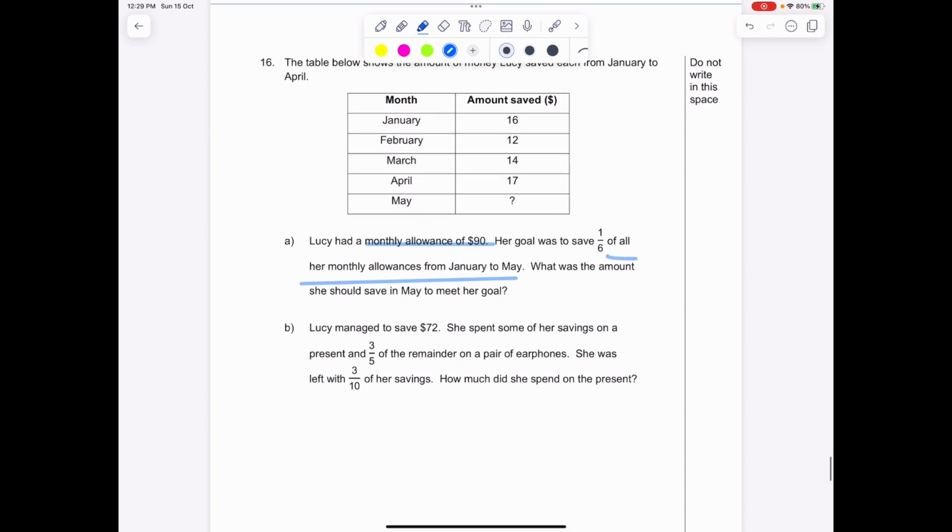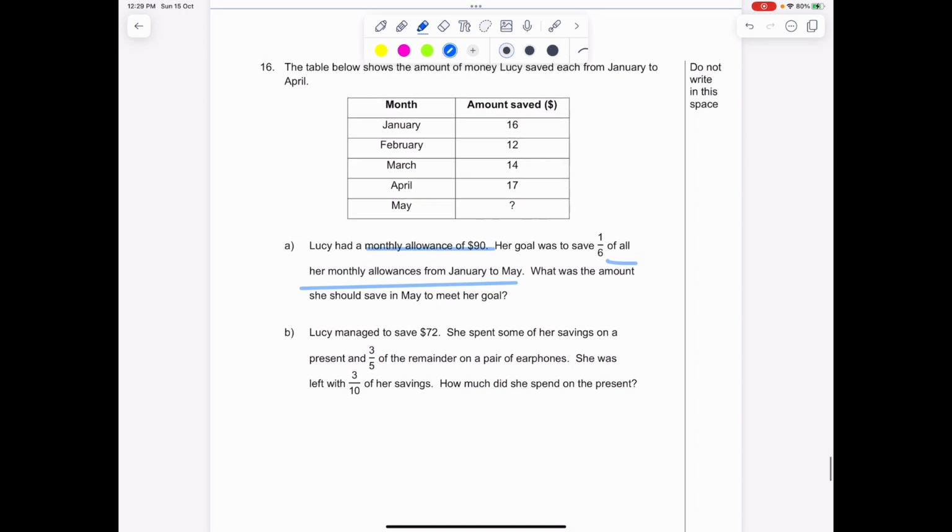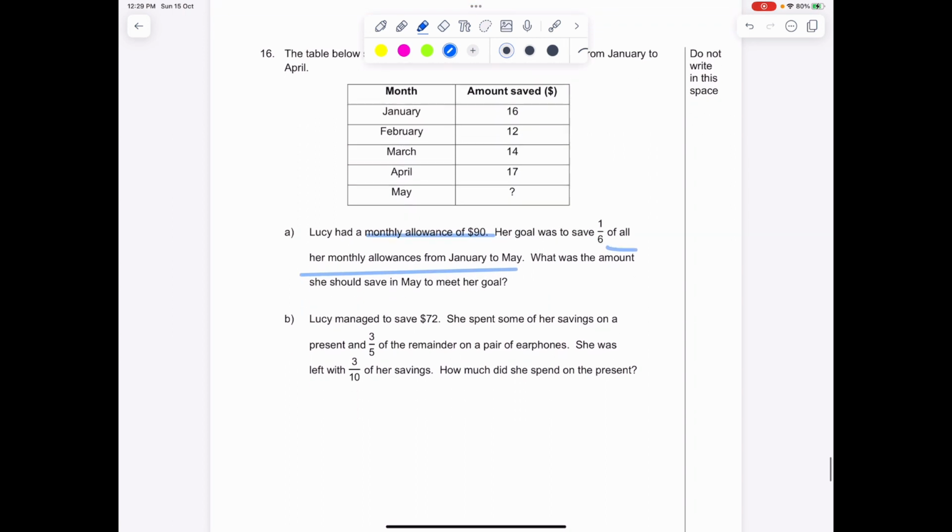Okay, so to do this, we first need to find out what is her goal, correct? So to do that, we know that every month she has $90. So we need to first find out what is 1/6 of $90, and then multiply it by 5 months. Okay, 1, 2, 3, 4, 5.